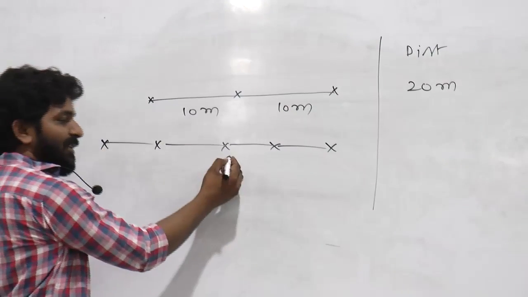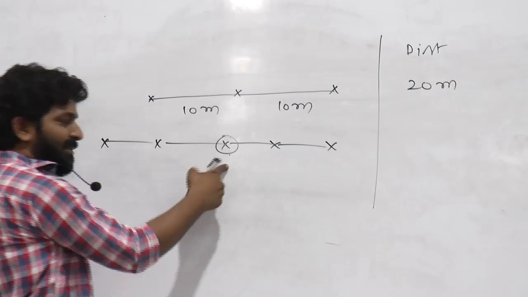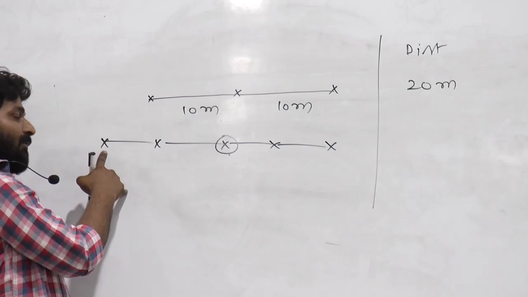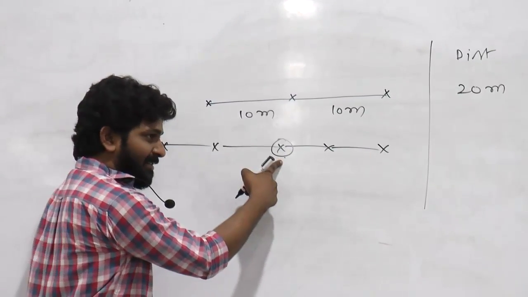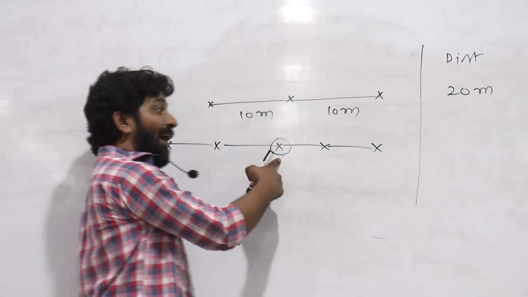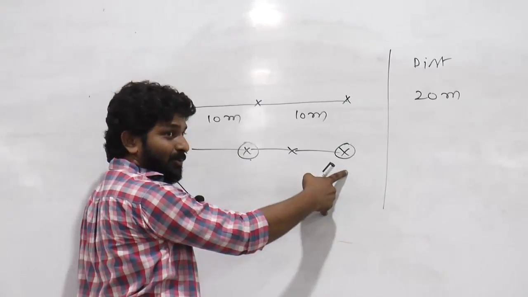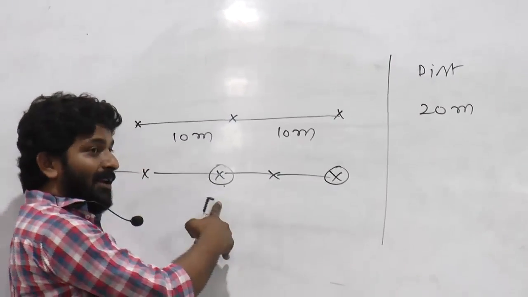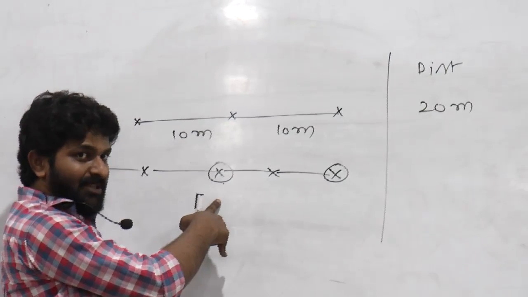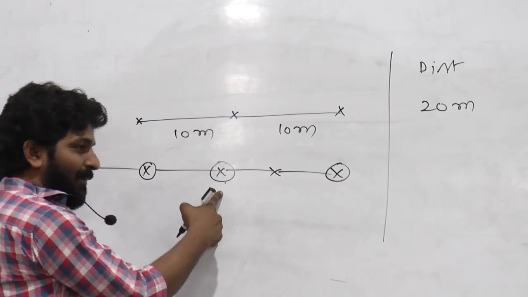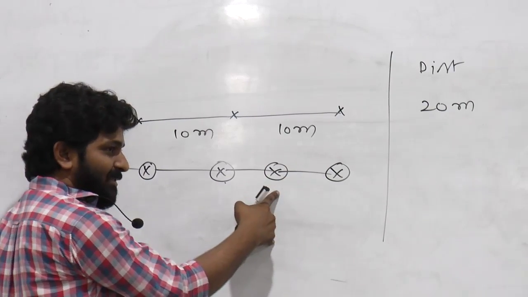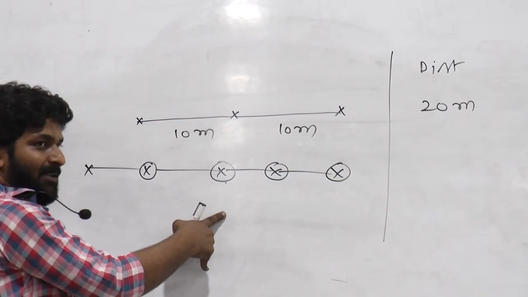this person should reach here, and this guy is the middle one, right? So the one who is at this place will travel 20 meters, and the other extreme end also will travel 20 meters to reach this place, and the one at this place needs to travel 10 meters, and the one at this place also needs to travel 10 meters.